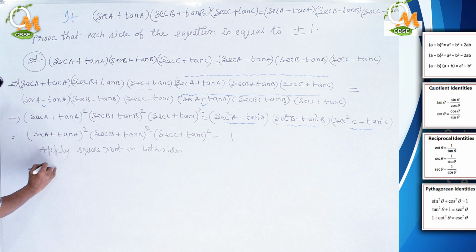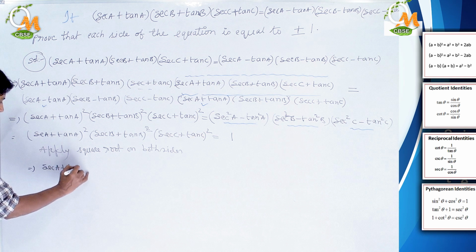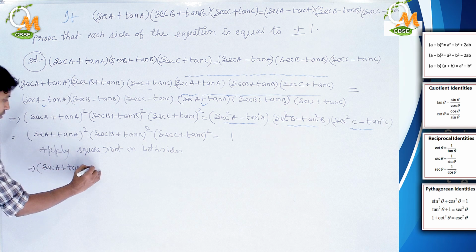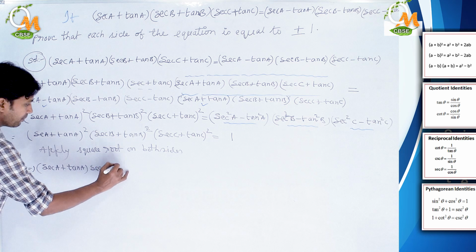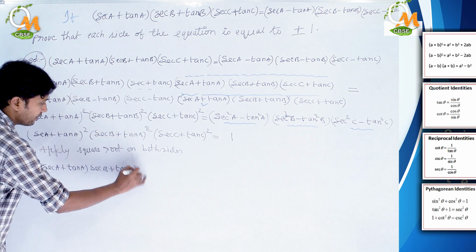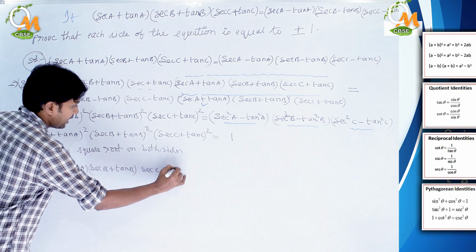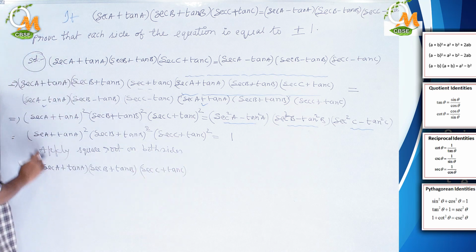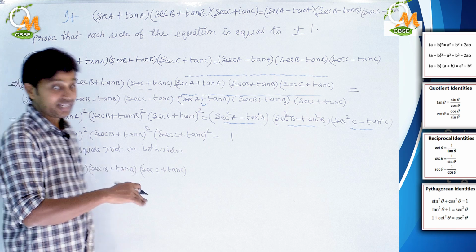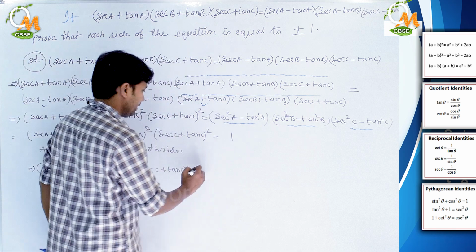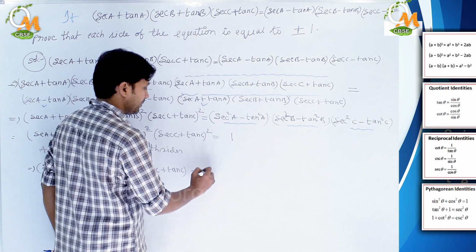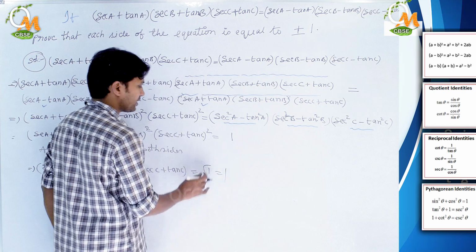Secant A plus tan A into secant B plus tan B into secant C plus tan C. All the squares are cancelled with the square root, and the root of 1 is equal to what? 1 itself.